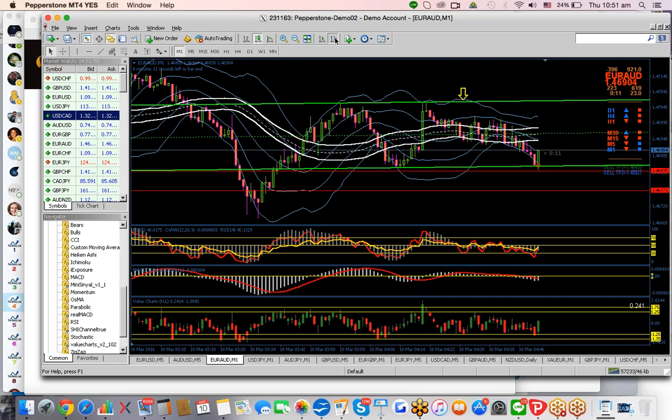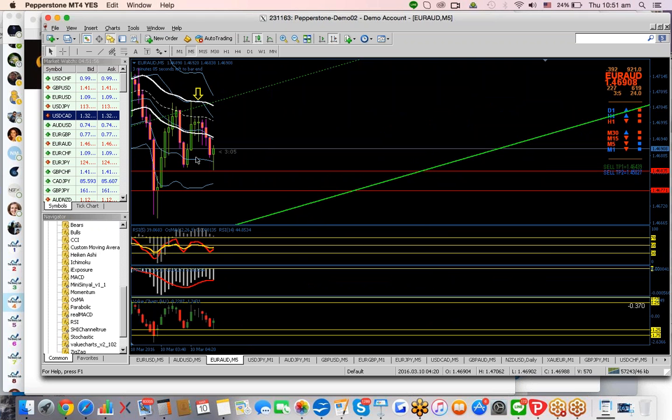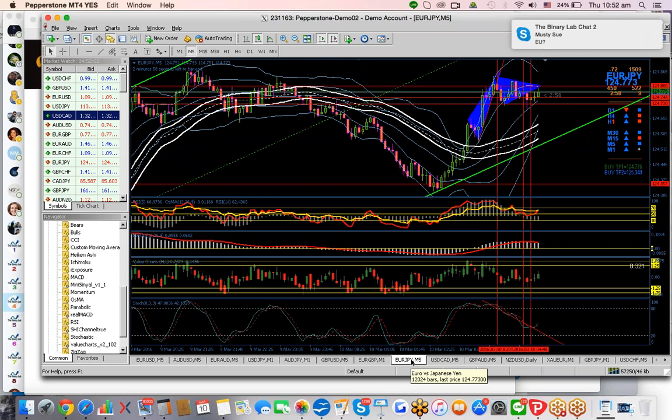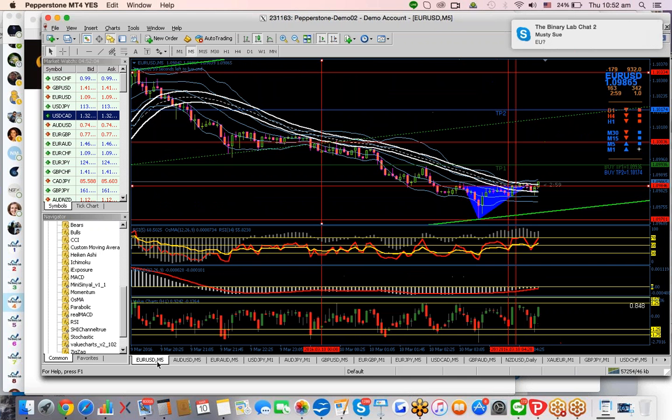Ah, shit. Early reversal. Wait for a second touch. First bar out, we're not touching that. First bar out, we're not touching that.